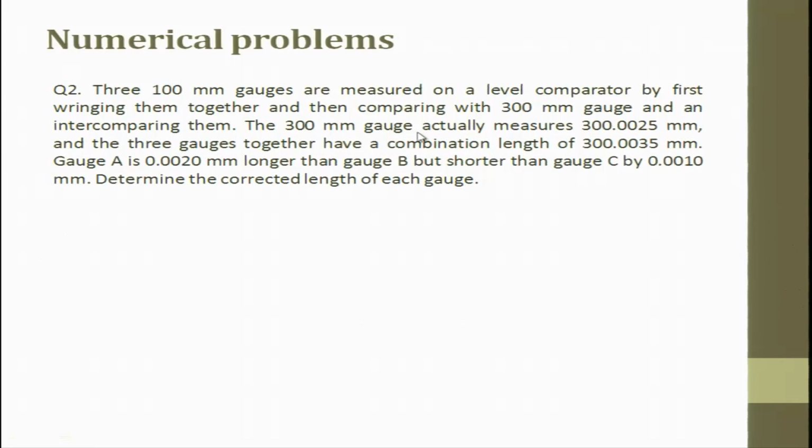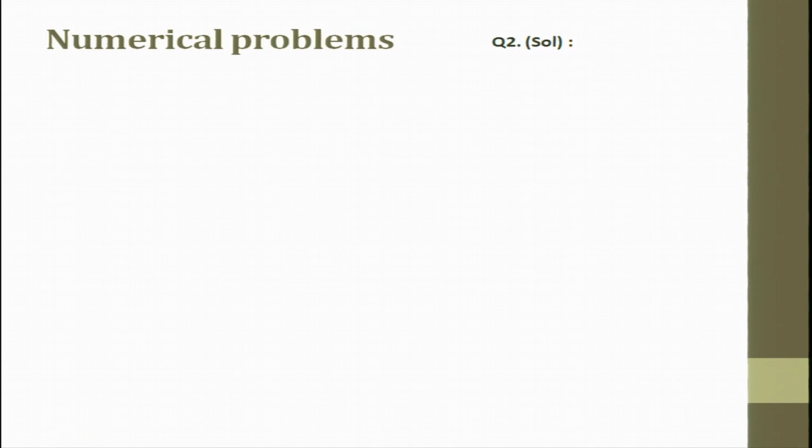The 300 millimeter gauge actually measures 300.0025 millimeter and the 3 gauges together have a combination of 300.0035. So, the gauge A is so much longer than B, but B is shorter than C by this much. So, determine the correct length. So, we will try to solve this problem.